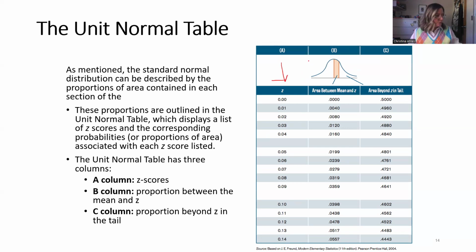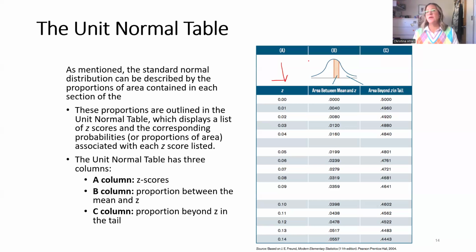And it gives you all the possible z-scores all the way up until basically the highest z-score that it gives you, which is 4. Now, it only shows the positive z-scores, because remember, the proportions are exactly the same on the left-hand side of the mean as they are on the right-hand side of the mean.